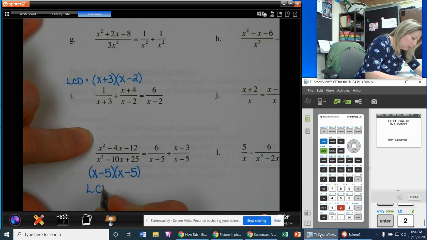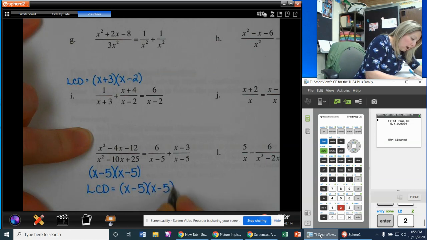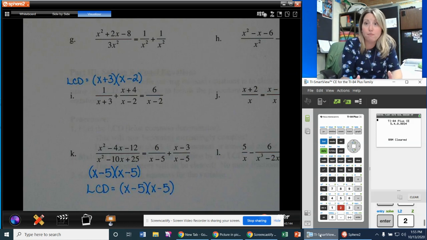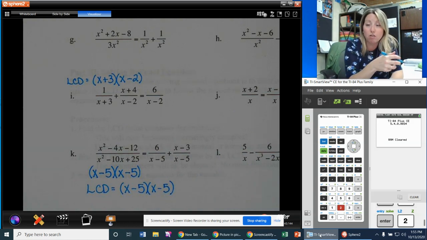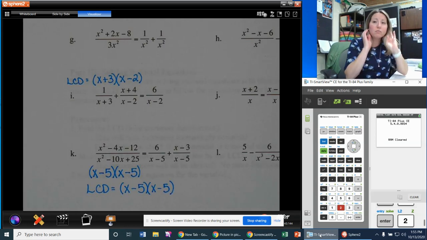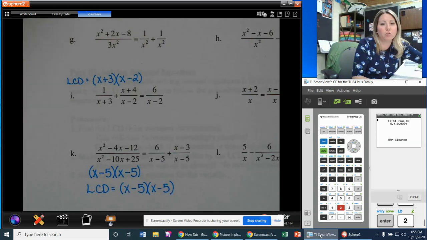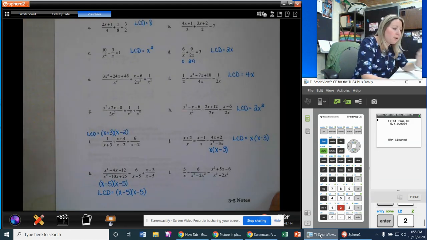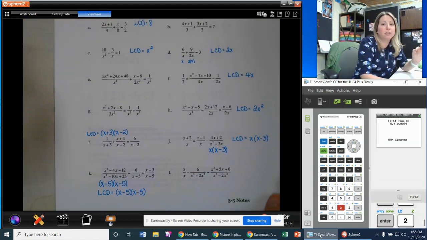So what's the LCD on k? It's x minus 5 times x minus 5. Notice I'm not refoiling that. I'm leaving it as separate factors because that way I can easily cancel with denominators that I see. Okay? That's what we're starting by doing. Notice I only did a few of them, but I'm just identifying least common denominators.